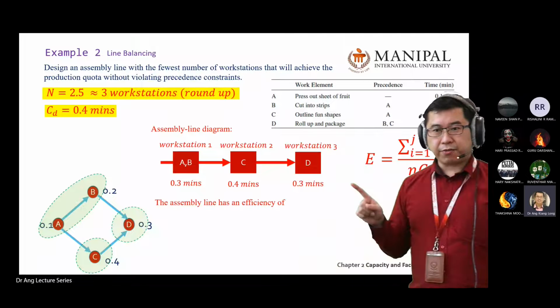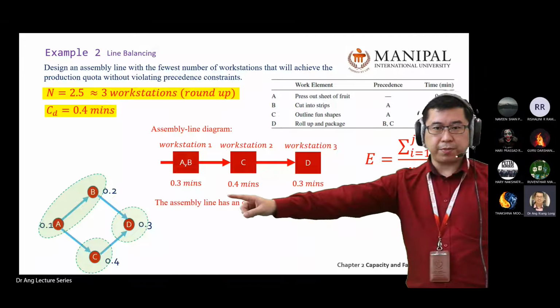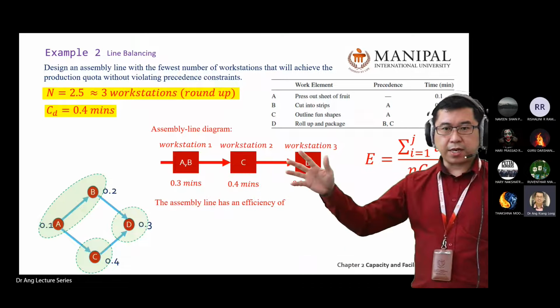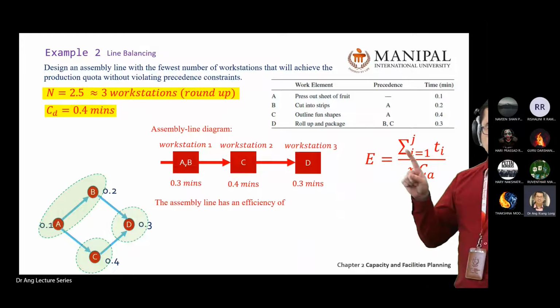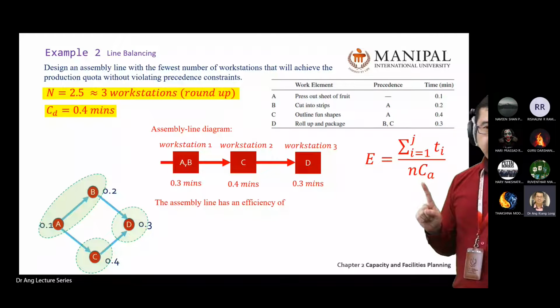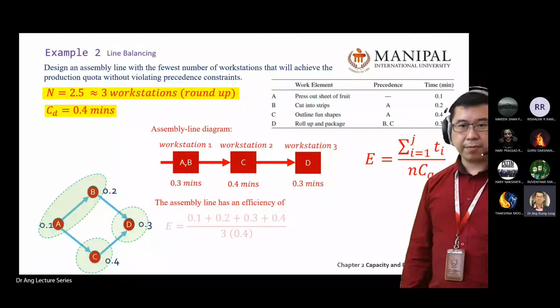So you can calculate the efficiency by using all the information on this assembly line diagram. Efficiency is total time divided by number of stations times actual time.